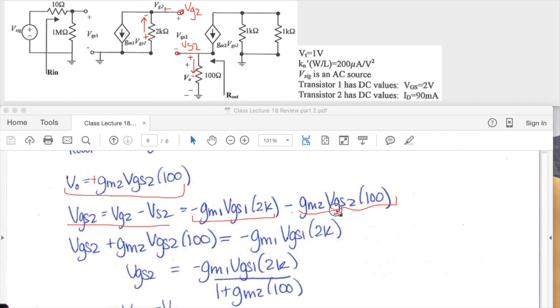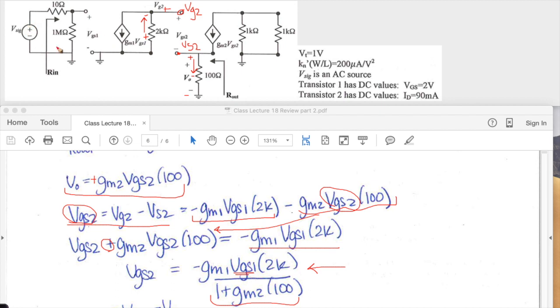Now we want to lump all the common terms together. We have a VGS2 on this side and a VGS2 on that side, so we bring this one over to the other side, and we get VGS2 plus gm2 VGS2 100, and then we can lump that up and divide by that quantity. On this side is the minus gm1 VGS1 times 2K. This gives us our VGS2 equation, but we notice that VGS1 is not determined here.